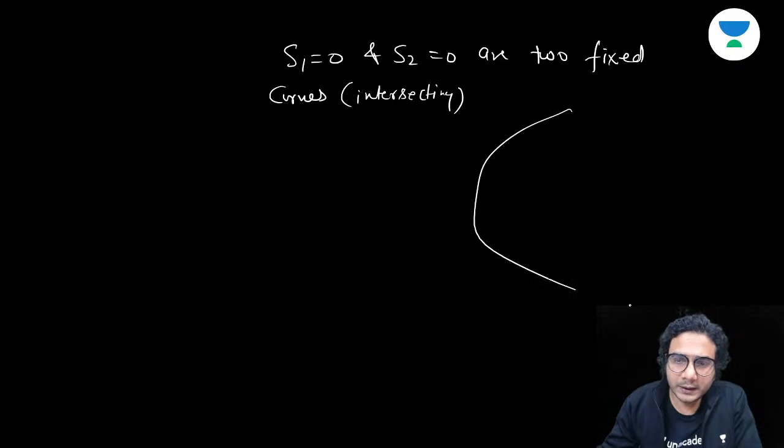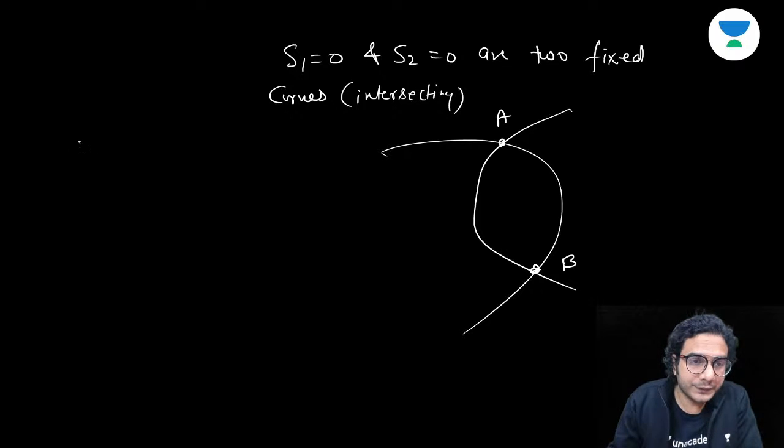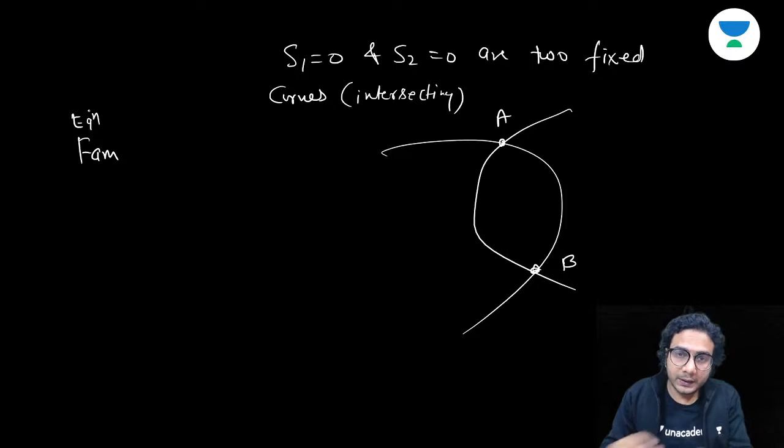Suppose these two curves intersect each other at, let's say, 2 points, A and B. We need to form a family of curves. This is a general result and it is true for all curves: straight lines, circles, parabolas. You can take any two curves.